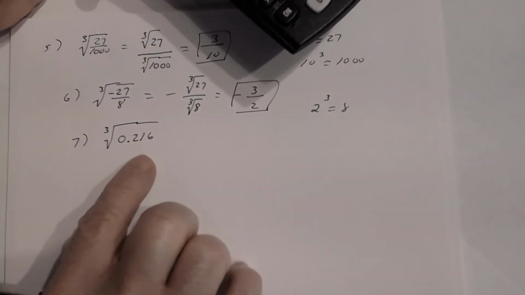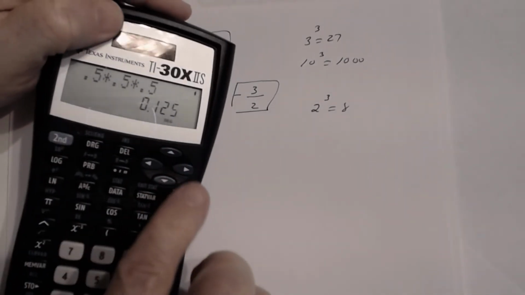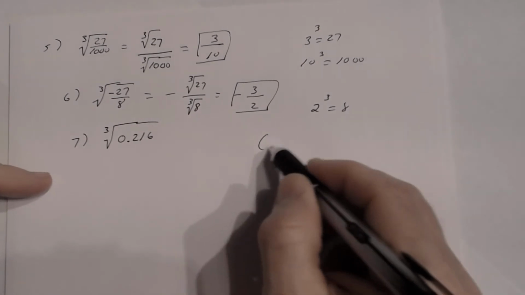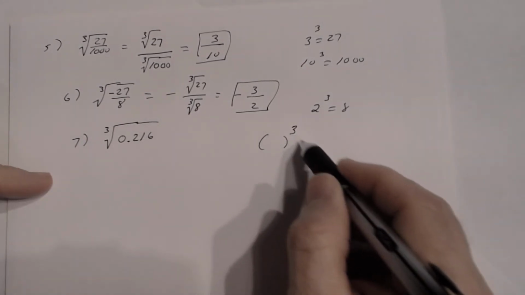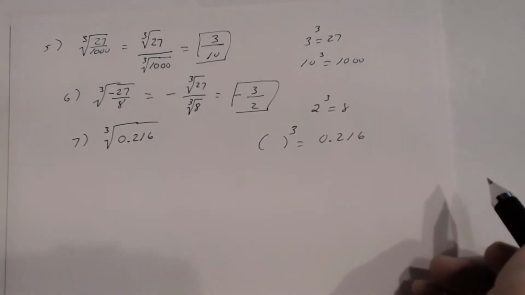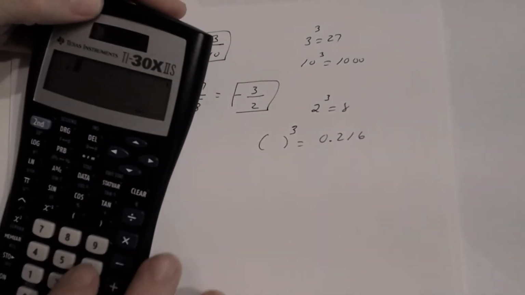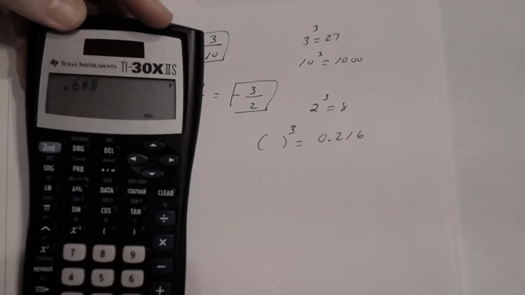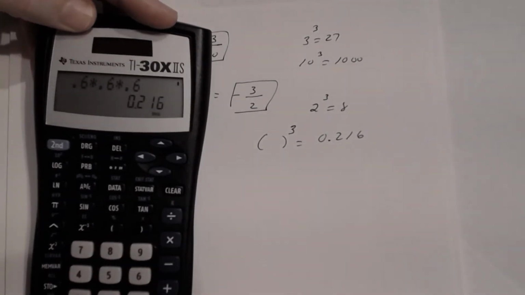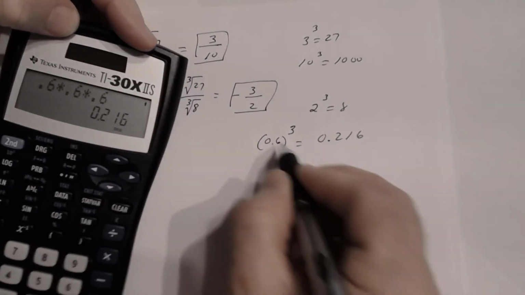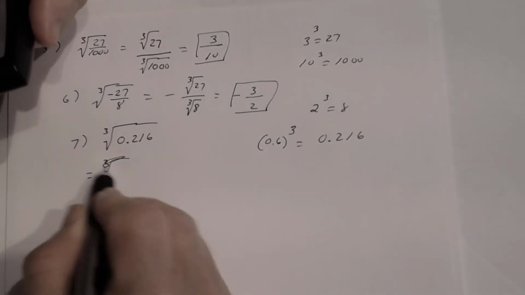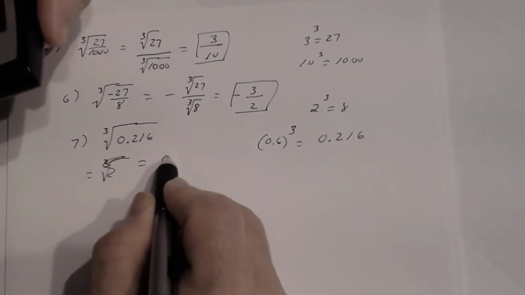I wanted 0.216, so maybe we need to go higher than 0.5. Remember what I'm trying to find: what number times itself 3 times is 0.216? Okay, so let's try 0.6. 0.6 times 0.6 times 0.6, and hey, there it is. So the cube root of 0.216 is 0.6.